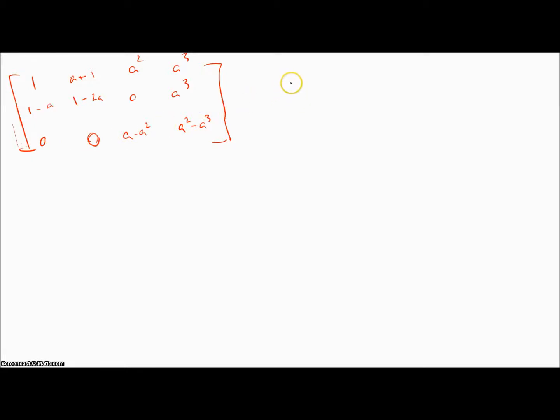So that helps me think about what linear combination I'm going to do. I'm going to do row 2 plus the opposite of 1 minus a times row 1. I need row 1 in there, and that's why I need a 1 here before I can do this step, because when I multiply by 1, that's just going to be the same thing.